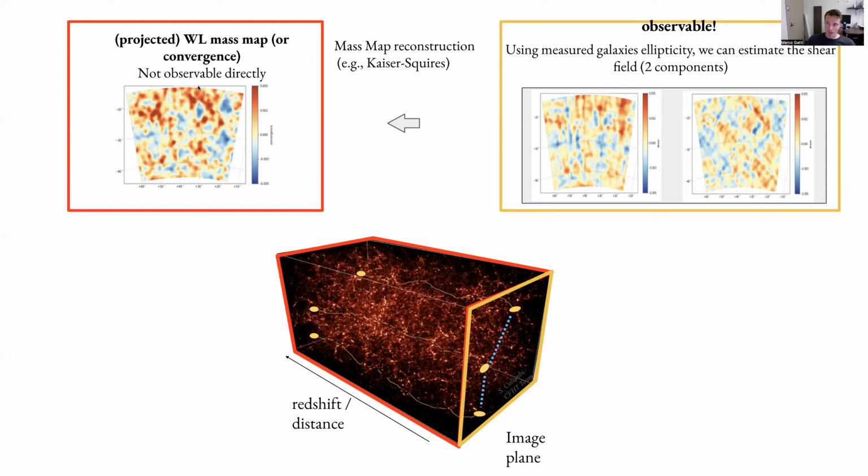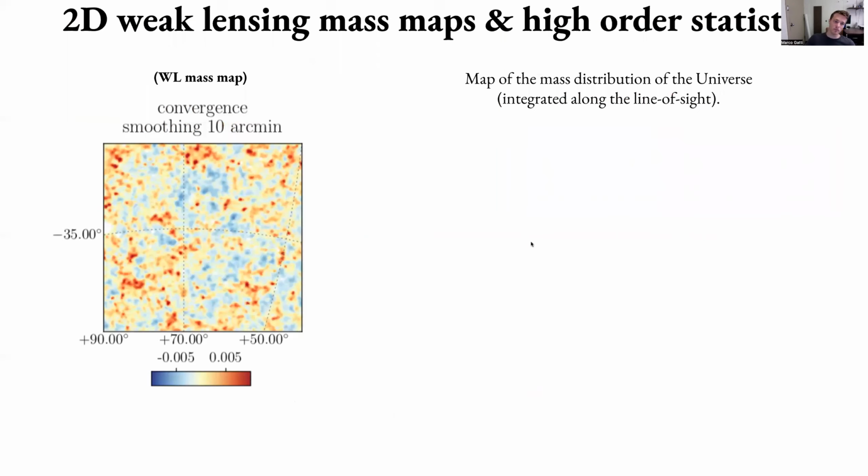And this is the same mass that caused those distortions in the galaxy ellipticities. This is again a simulated mass map or convergence field. And basically the red spots in this map are overdense regions along the line of sight where you expect to find clusters, whereas underdense regions are the blue spots, so where you expect to find voids.